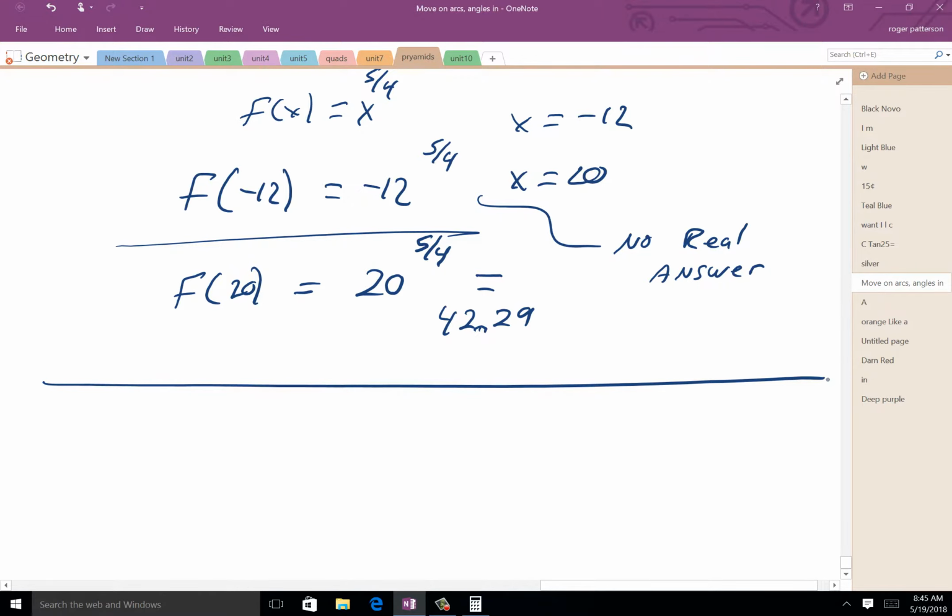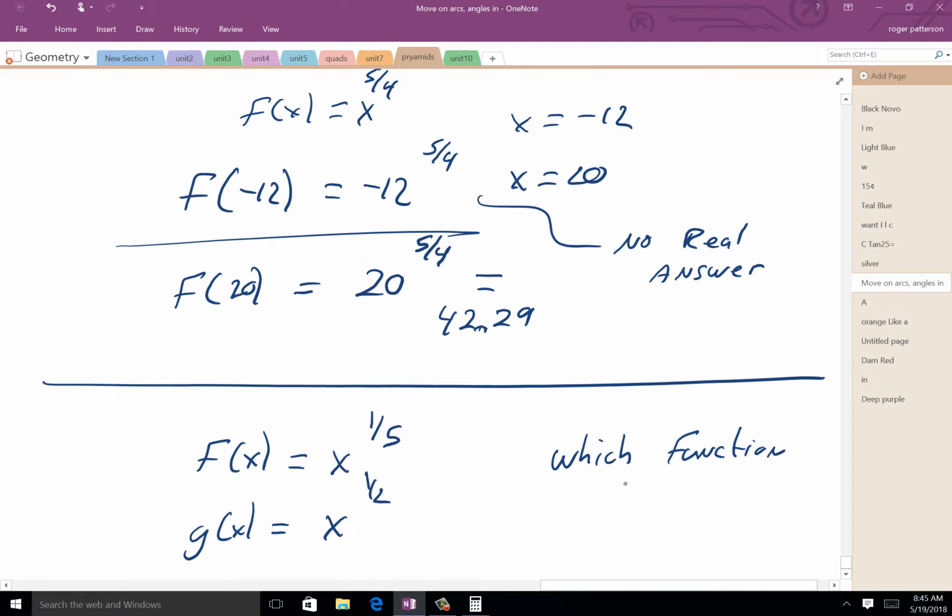I'm just looking at some of the problems. Here's some more. They have your graphs and power functions. And the question here is, which function is greater when x is greater than 1?